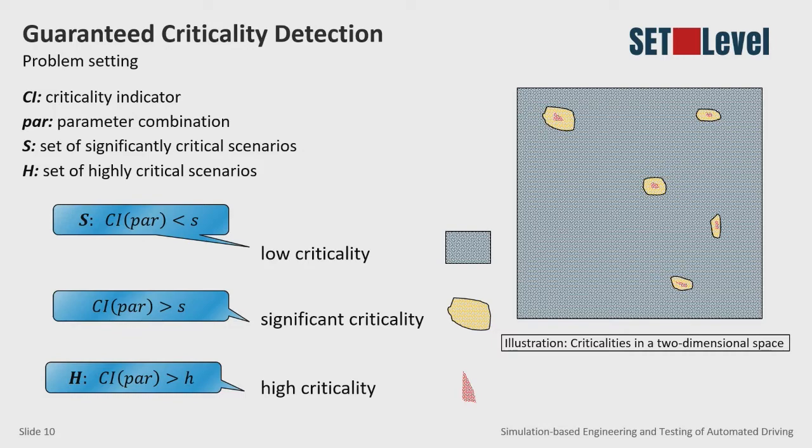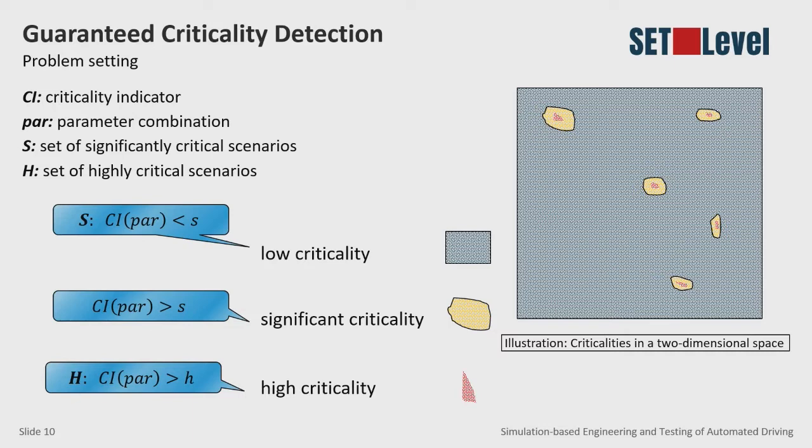Okay, so the setup is a little bit different, but again, we have an illustration with a two-parameter logical scenario space. On the right, you see lots of dots within the square. Blue ones are uncritical simulation runs. Yellow ones are, well, significantly critical, so you might want to look at them again, but not really highly critical.